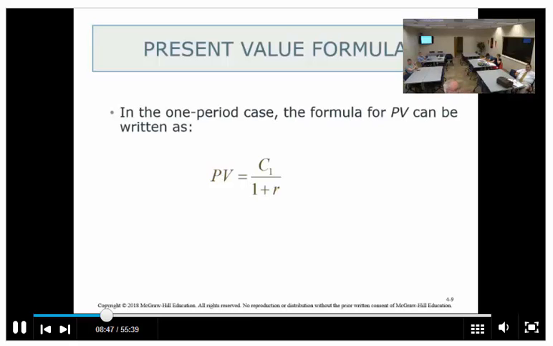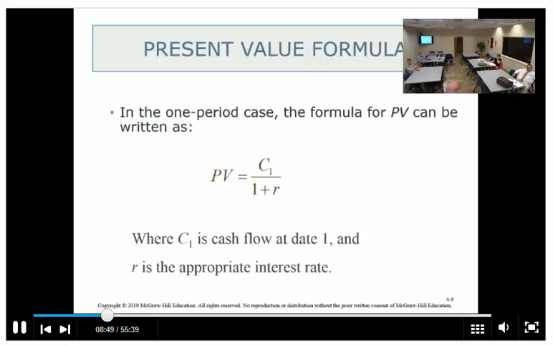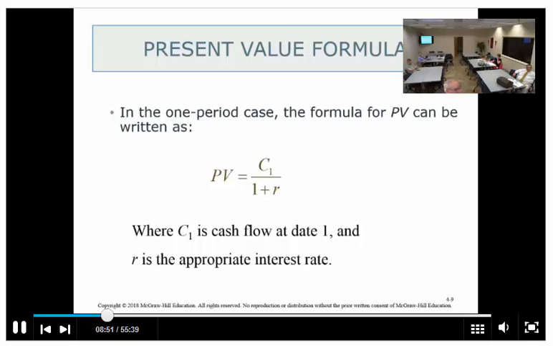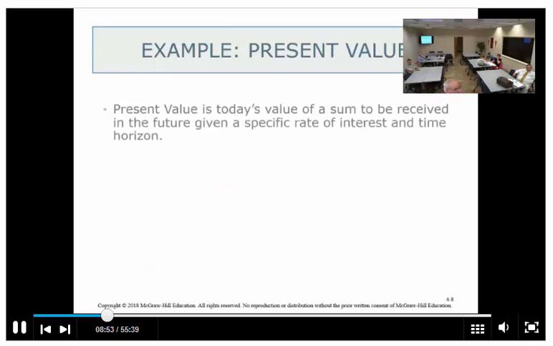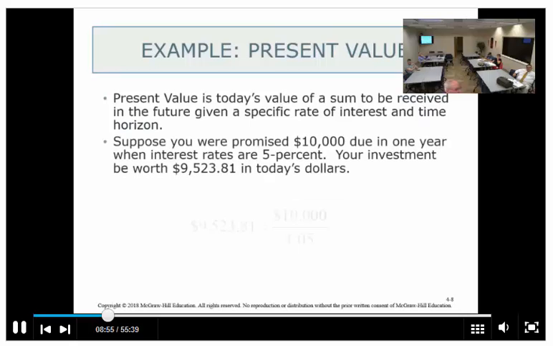Now, as I was getting ready for tonight, what this is saying is, suppose you were promised $10,000 due 1 year from now when interest rates are at 5%. Your investment in today's dollars is 9,523.81.